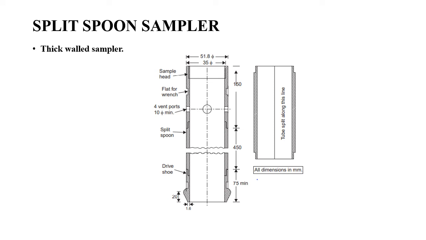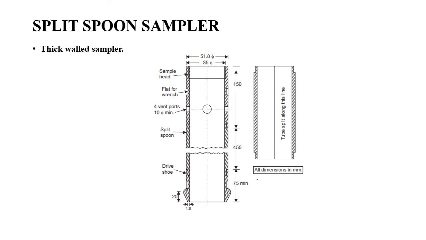The basic dimensions, the internal as well as external diameter of this sampler, are 35 mm and 50.8 mm. It has a cutting edge attached to the bottom of the tube portion so that easy driving is facilitated, and a sample head which is screwed at the upper end of the split spoon.